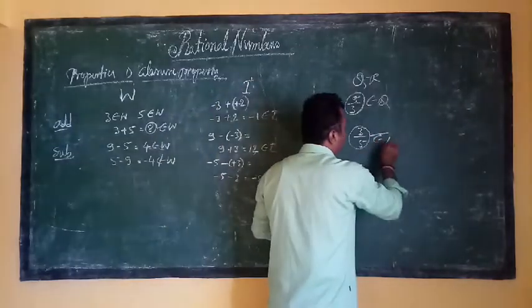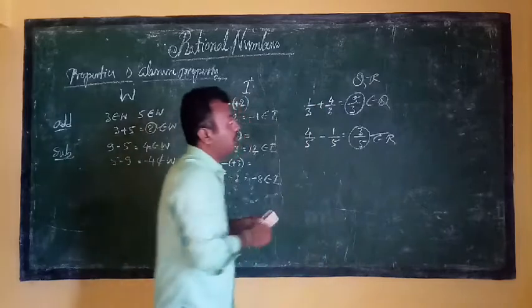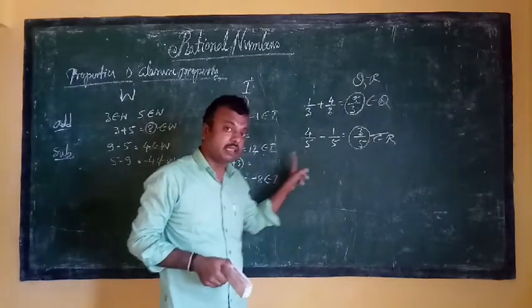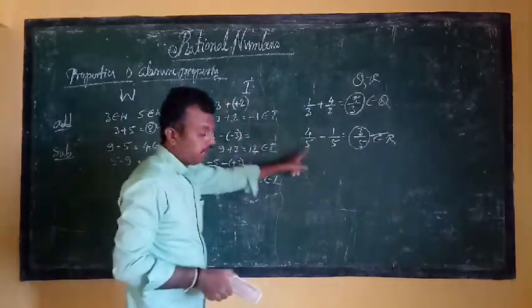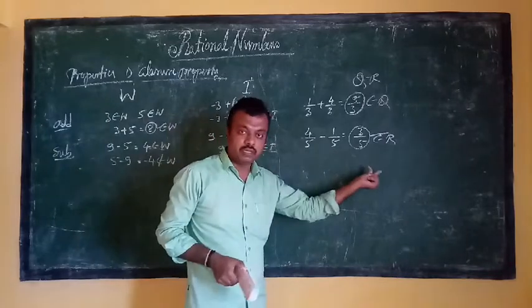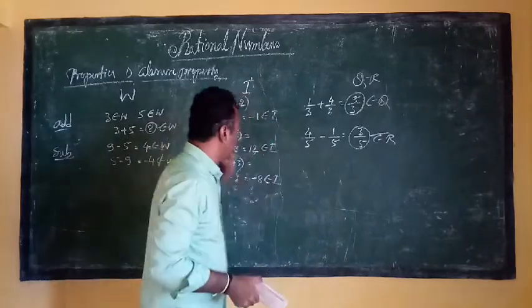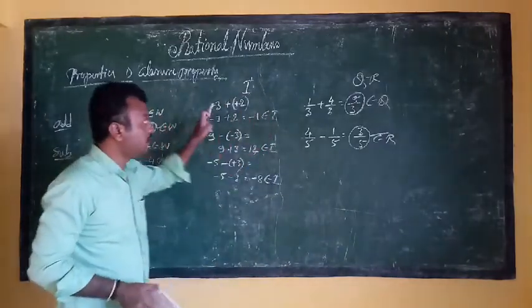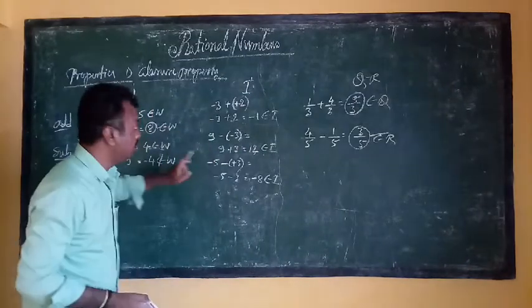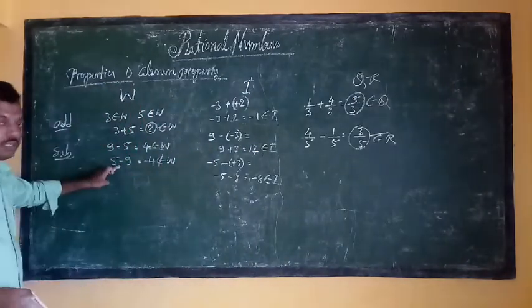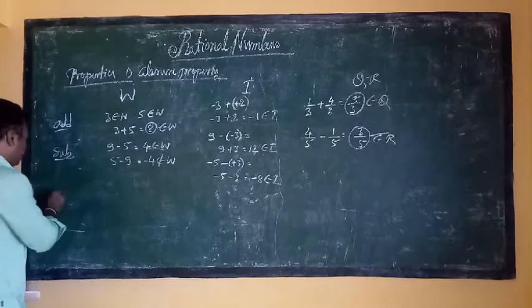Therefore, the closure property of rational numbers is satisfied under subtraction. You can take any examples, you subtract and you will get a rational number only. Therefore, integers and rational numbers satisfy closure under addition and also subtraction, but whole numbers only under addition, not subtraction. So come to the multiplication.